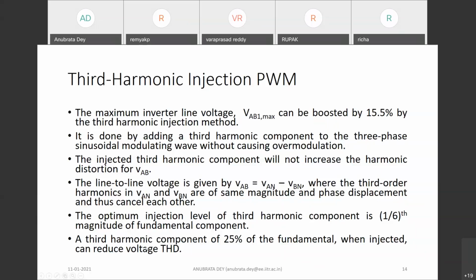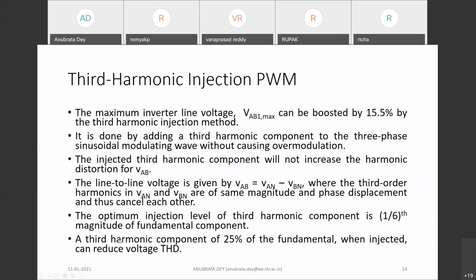It is also observed that the best possible THD is obtained not at 1/6 but at 1/4. If you want to get the best THD compared to sinusoidal PWM, THD can obviously be improved, and that best case will happen when the third harmonic magnitude is 1/4 of the fundamental.